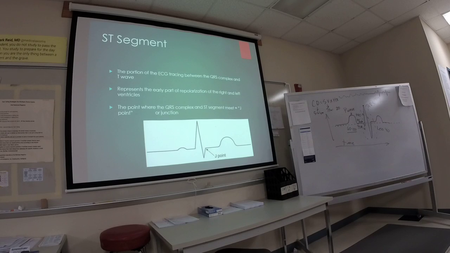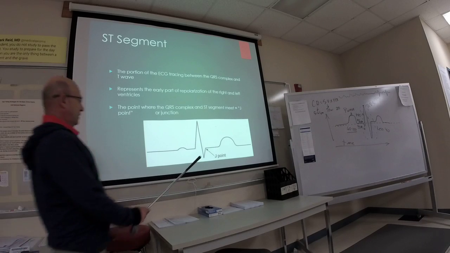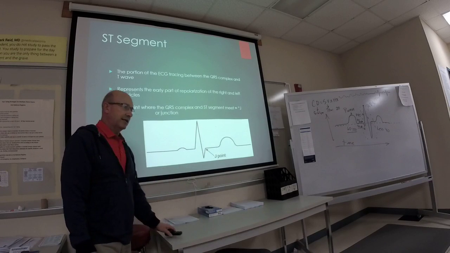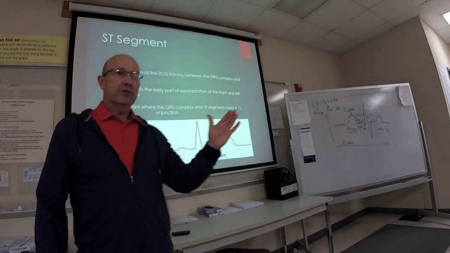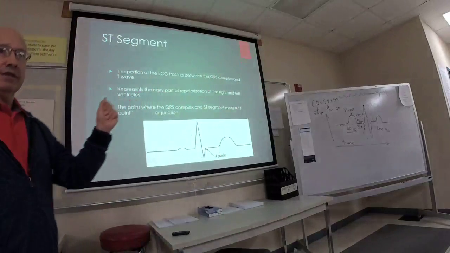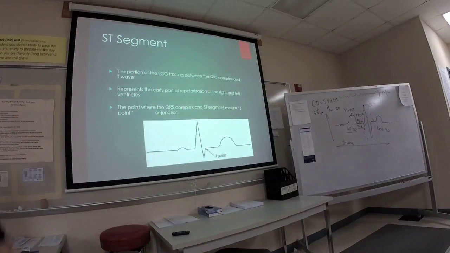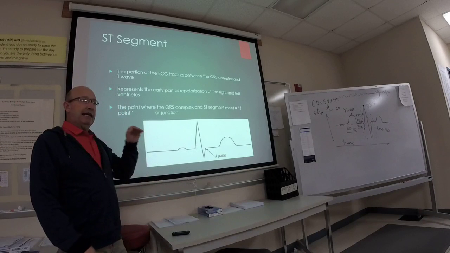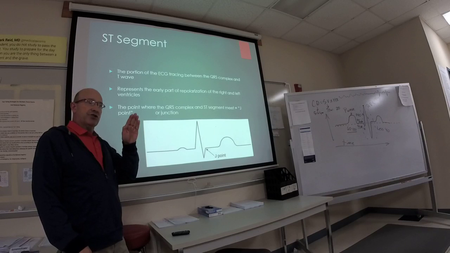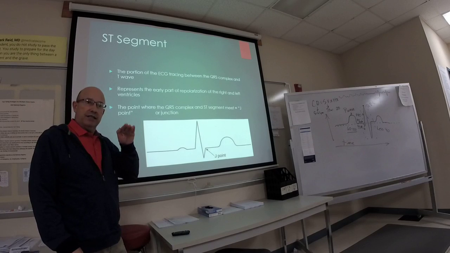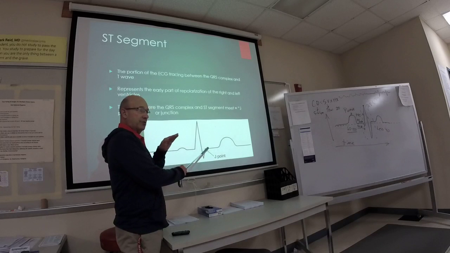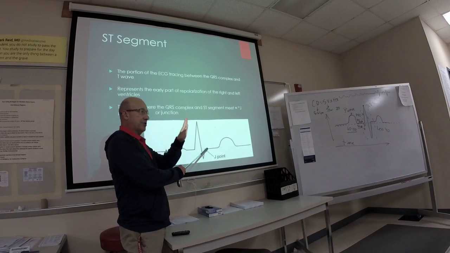One more thing. The J point we talked about when we talked about 12-lead interpretation way back during cardiac emergencies, when we talked about STEMIs. So when you go to interpret, is that ST elevation or is that a slope? There's a lot of things. This ST segment can actually slope, which wouldn't be ST elevation, it would be a slope.